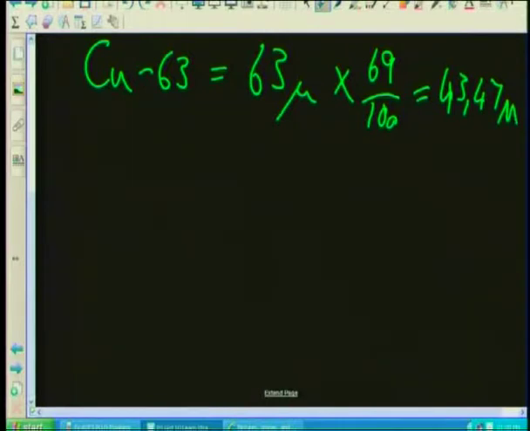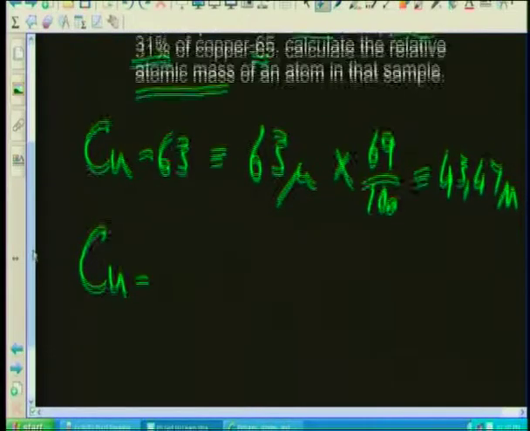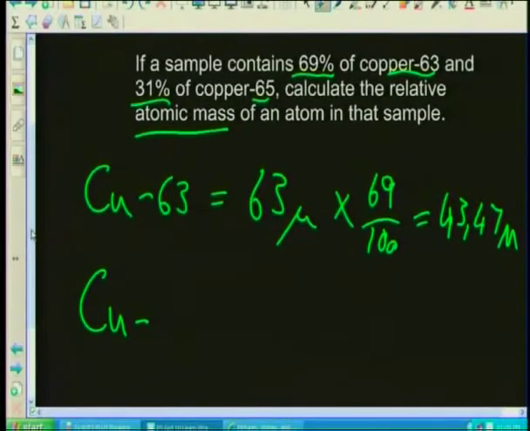There we go. Now, what about the other copper? The other sample of copper was copper-65, not 63, 65. So it has an atomic mass of 65. It has a different percentage. Just changing pen so we can see it's different, it's 31%, so it's 31 over 100.